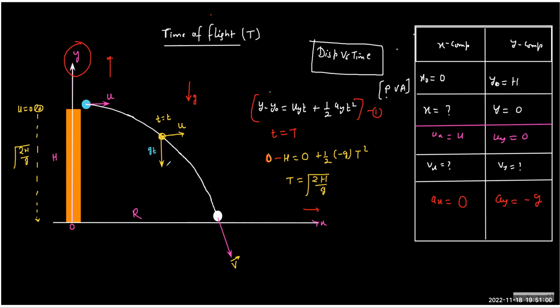And the resultant of the two is the actual velocity at that instant, which is always tangential. Do you realize this? Yes or no?